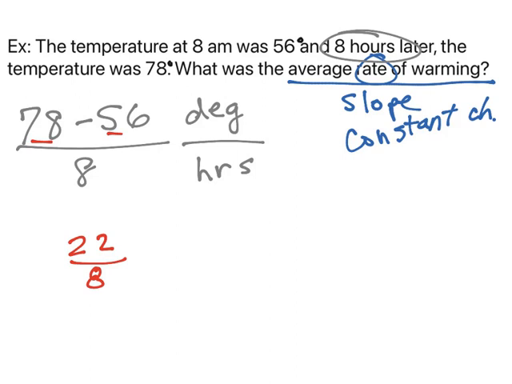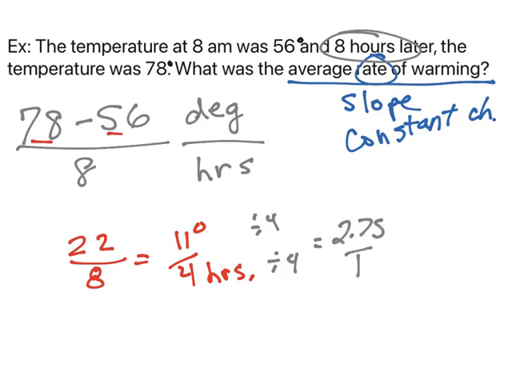Now, you could leave this as a fraction. We could reduce that to be 11 over 4. That might be hard to say, like the average rate of warming was 11 degrees every 4 hours. Well, what about per 1 hour? Well, if we divide the top and the bottom by 4 so that we could have a denominator of 1, we would get 2.75 degrees per hour.